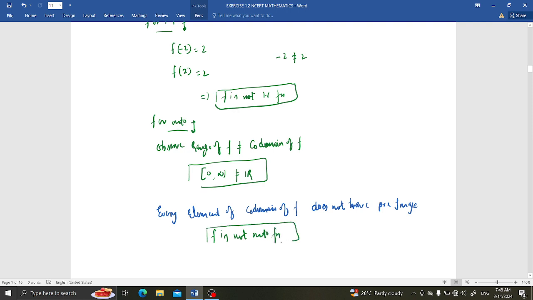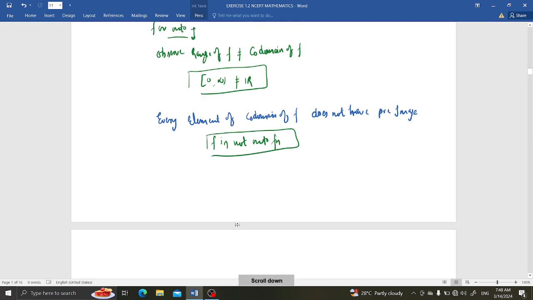Okay, f is not an onto function. Done. It implies that f is neither one-one nor onto function.